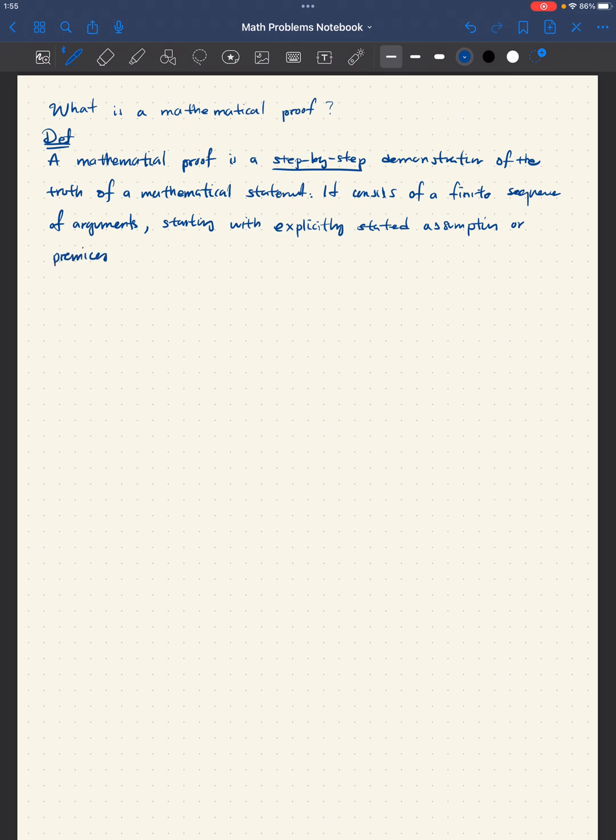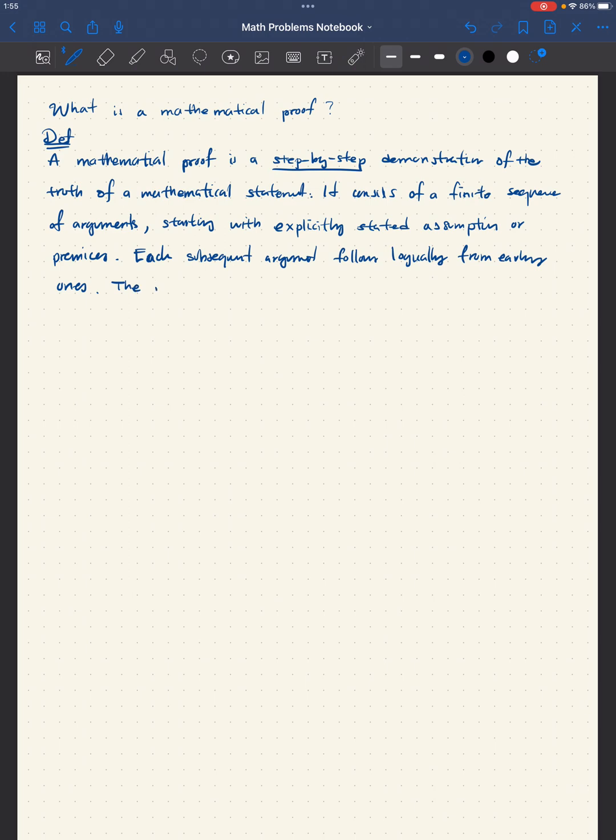That's another way to name them. Each subsequent argument follows logically from earlier ones. Well, how so? Well, using mathematical principles, axioms, definitions, or previously proven results.